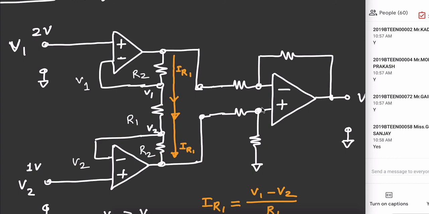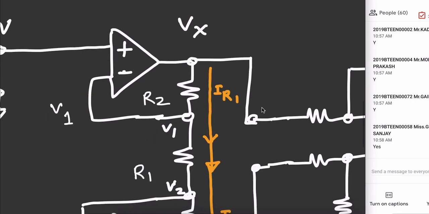Fine. Now, please write down the value of this voltage Vx and Vy. Now, how to write this? Let us quickly check this. Let us answer some questions. Do you know this voltage?